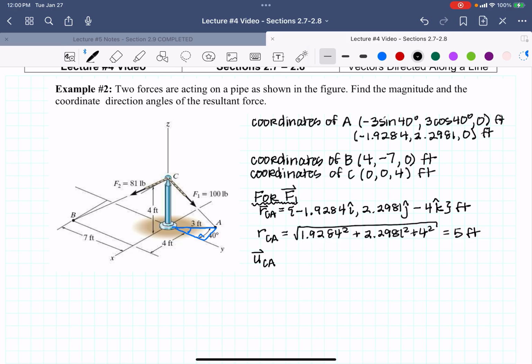So UCA is equal to our position vector over the magnitude of the position vector.